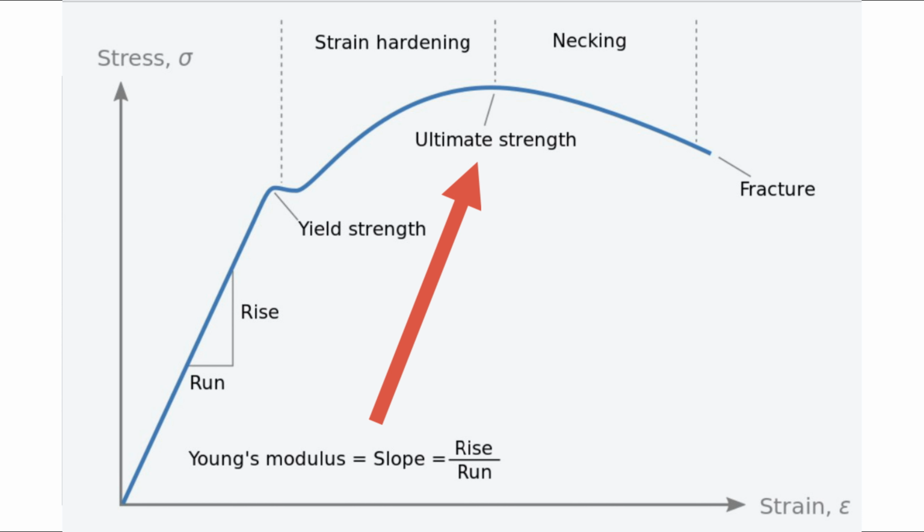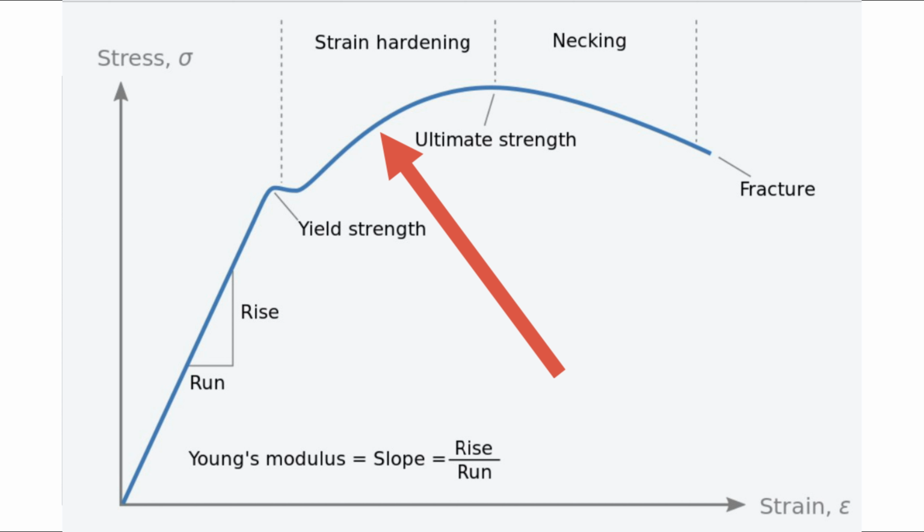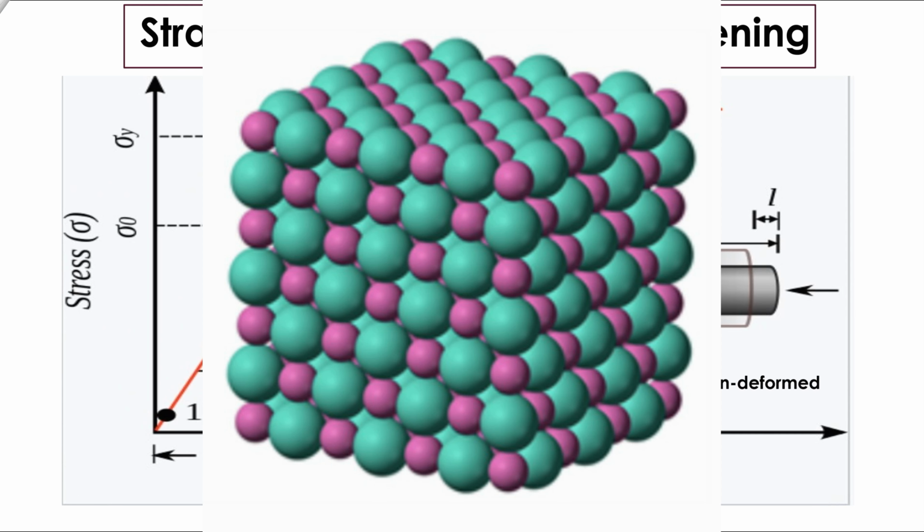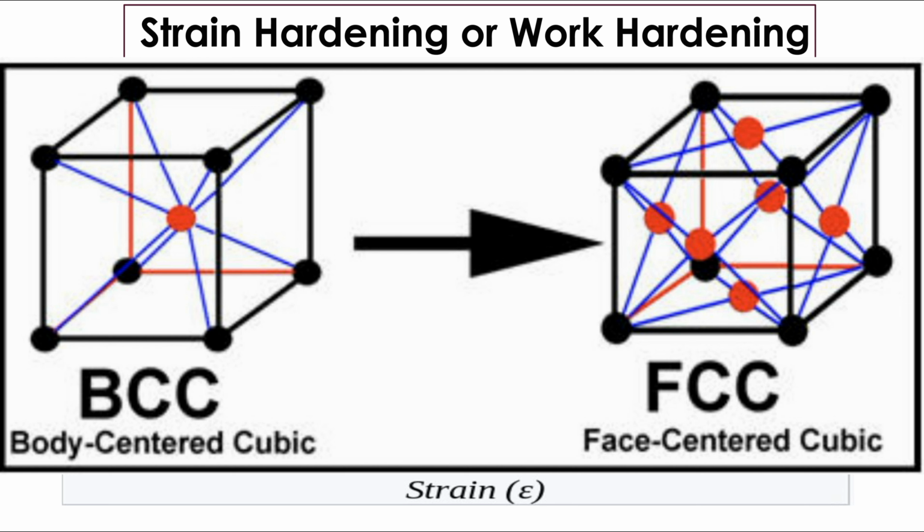This rise in the curve is called strain hardening or work hardening. In engineering, we use the word work hardening. This strain hardening deforms the crystal structure of the material and consequently the material becomes weak, but it is experimentally proven that the deformed crystals are stronger due to strain hardening, as crystals have less space to move.